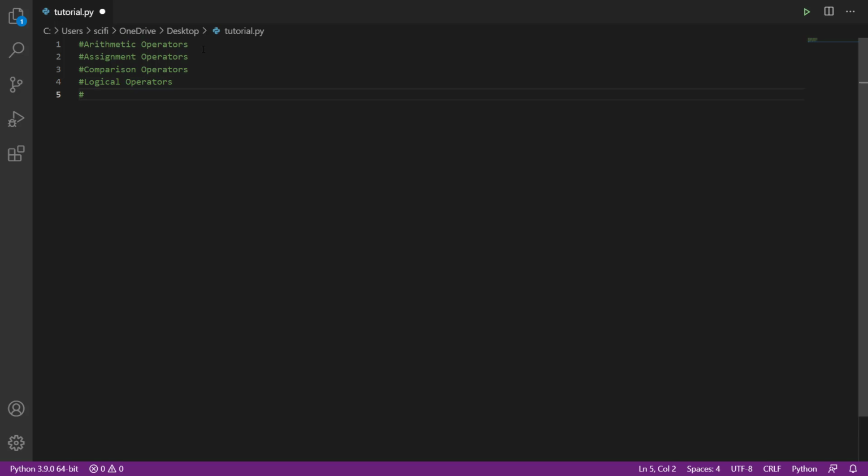The fifth category is identity operators. The sixth category is membership operators. And the last category is bitwise operators. These are the different categories in which the operators are divided in Python.